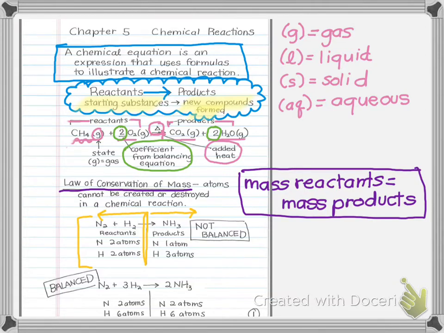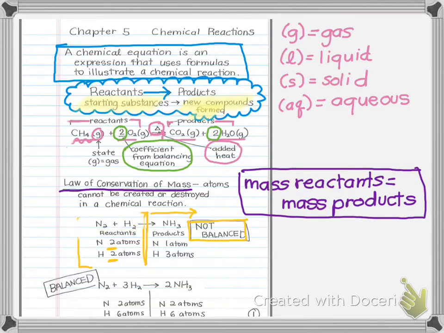And if I compare how many atoms I have based on what I've written here, we'll see that this equation is not balanced. So if I look at this nitrogen, there's a 2 there, which tells me I have 2 nitrogens. And then here's a hydrogen, and there's 2 right there. I have 2 hydrogens. So on my reactant side, I have 2 nitrogens and 2 hydrogens.